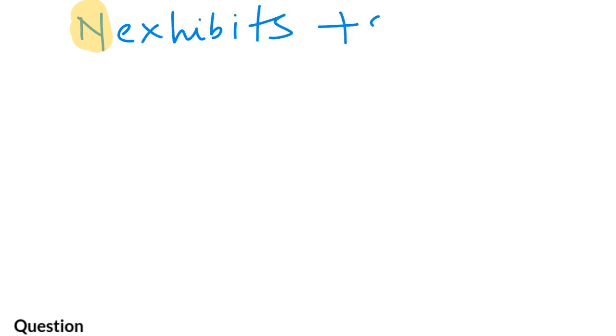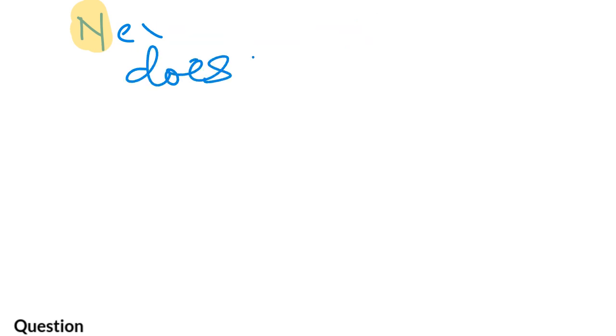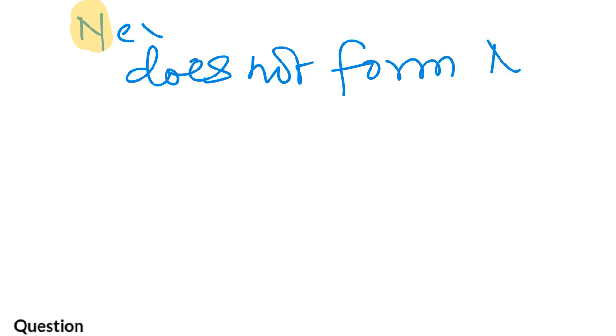Now one give-reason question. Nitrogen exhibits plus 5 also, that is N2O5, right? But it does not form pentahalide, that is NCl5.